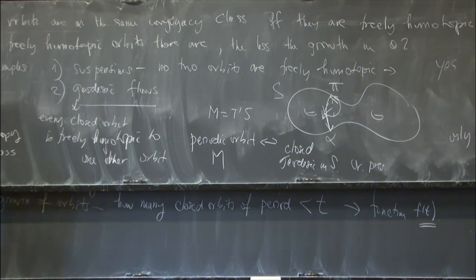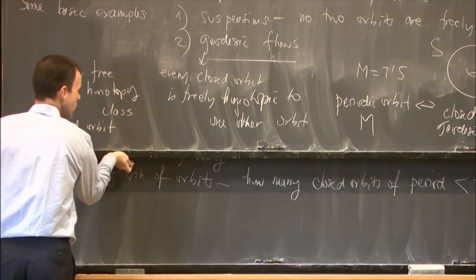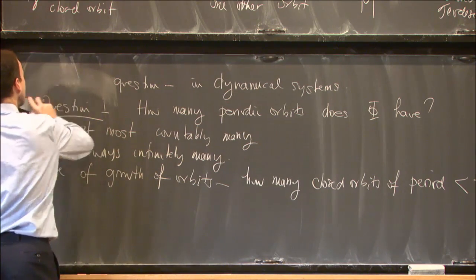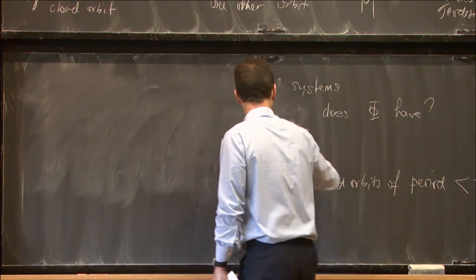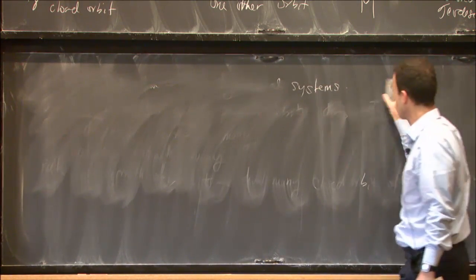So if gamma is a closed orbit, let me introduce a notation that I'll use throughout the talk. The free homotopy class, let me denote that by FH.